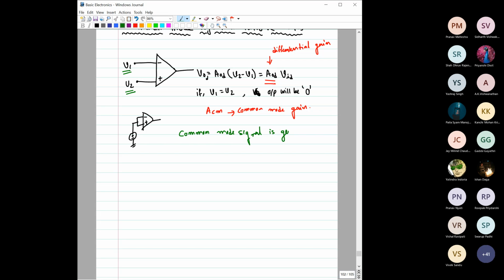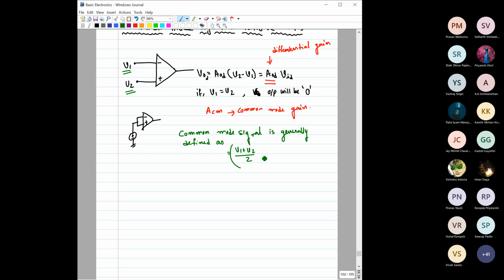then the common mode signal is generally defined as the average of these two signals, (V1 plus V2) by 2. So this is generally considered as the common mode signal for this op amp, right?